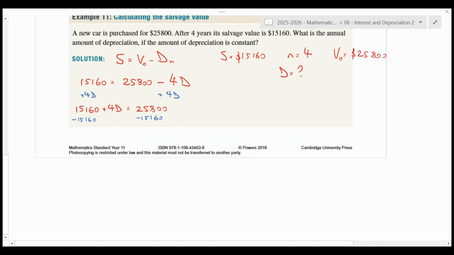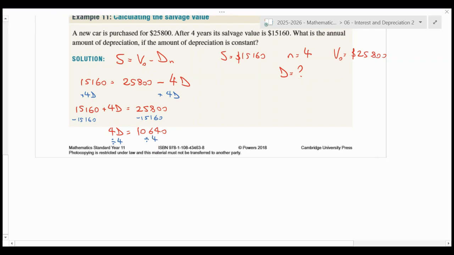So that's going to leave me with 4D equals 25,800 minus 15,160, which equals 10,640. And then the last step is I'm going to divide by 4 on both sides.